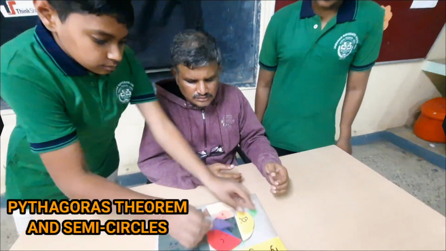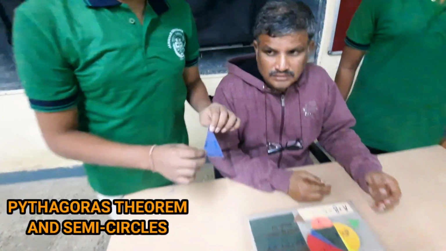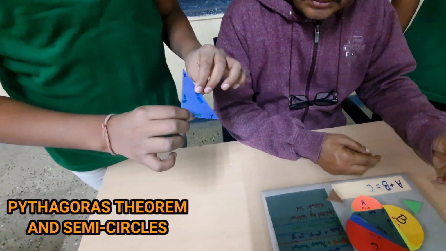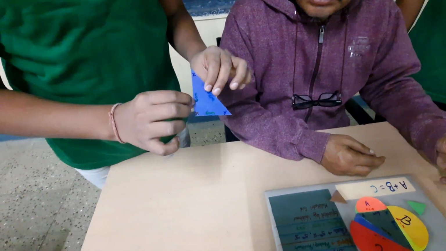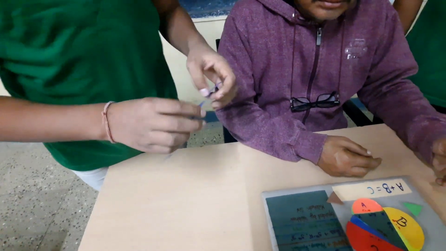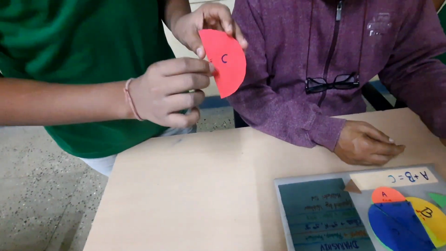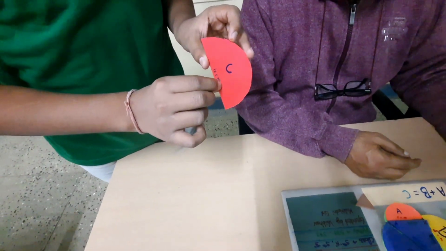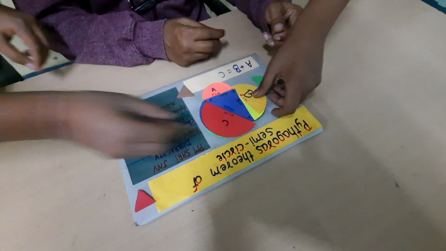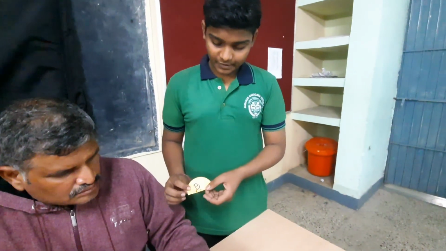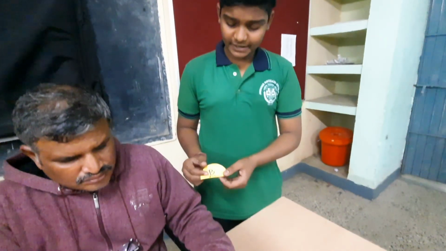This is a right angle triangle. Hypotenuse is 10 centimeter, base is 6 centimeter, and perpendicular side is 8 centimeter. It is a semicircle, its diameter is 10 centimeter and radius is 5 centimeter. It is a semicircle. Its diameter is 8 centimeter and radius is 4 centimeter.